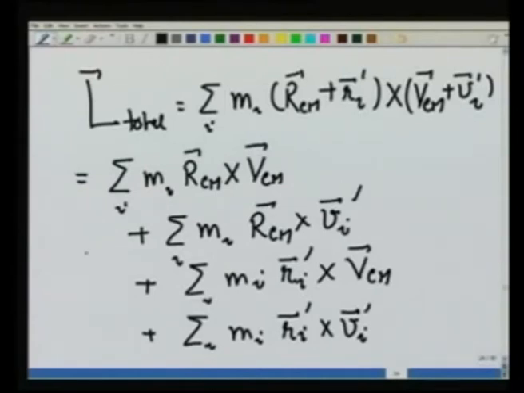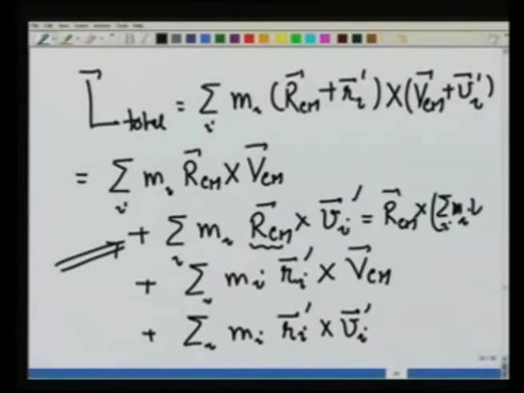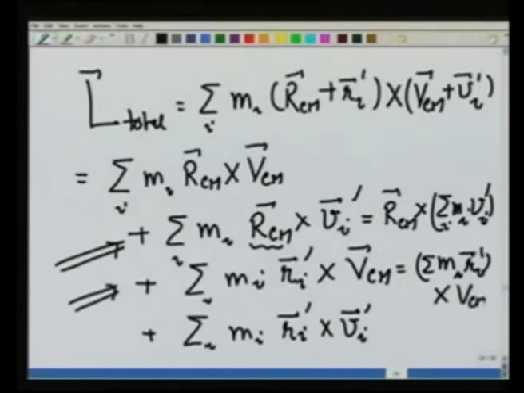Look at the second term. r_CM is common to all, so this can be written as r_CM cross summation i m_i V_i prime. Similarly, look at the third term, V_CM is common, so this can be written as summation m_i r_i prime cross V_CM.